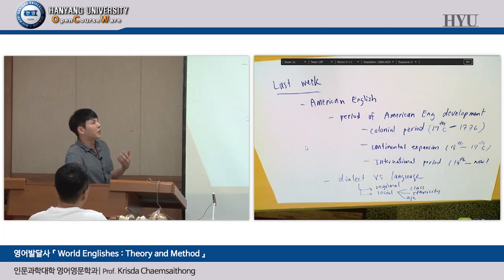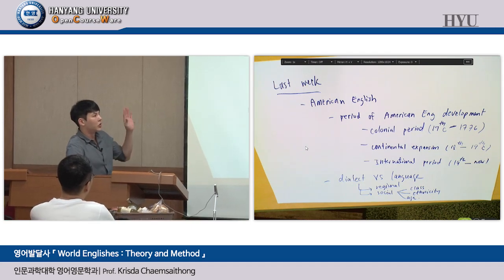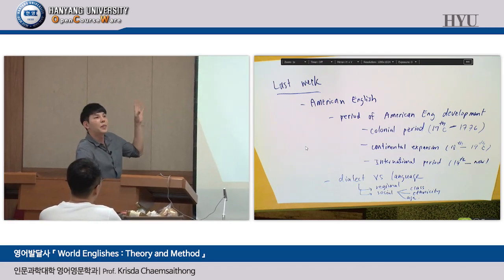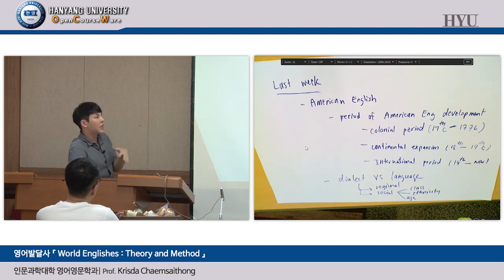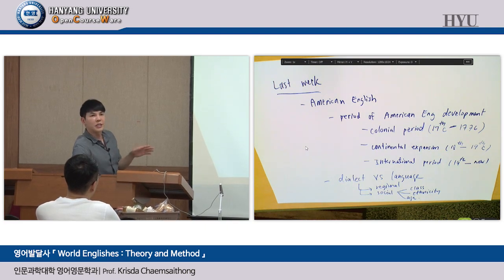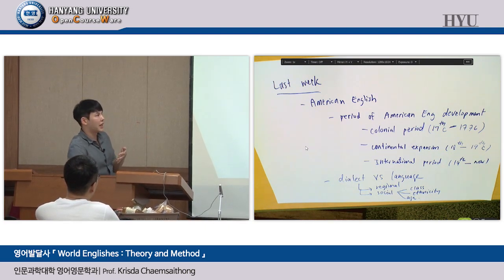The history of American English development is divided into 3 big periods, even though you can also classify the periods into smaller units: colonial period, continental expansion, moving to the west, and then international period, which is the last period up until the present time.